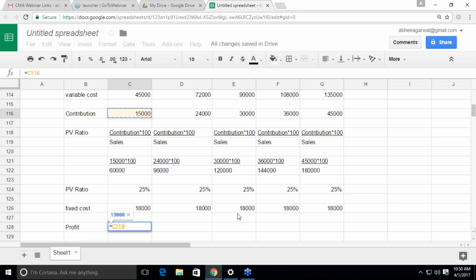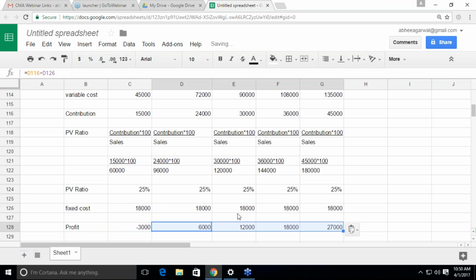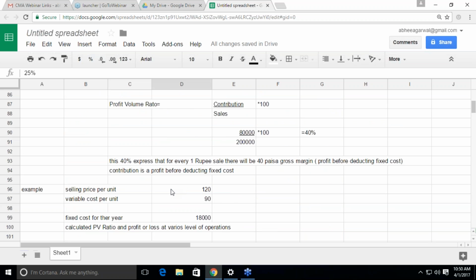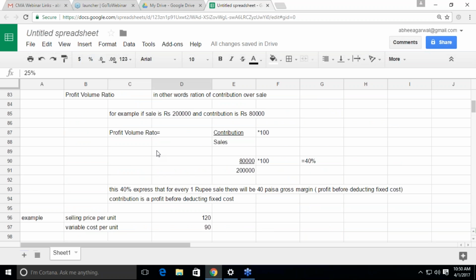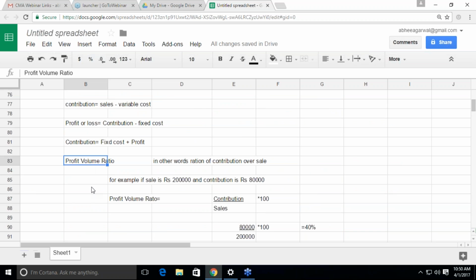So contribution 15,000 minus fixed cost 18,000, 3,000 rupees loss happened in the first case, and then 6,000, 12,000, 18,000, 27,000 profit. So I hope you understand the profit volume ratio. Profit volume ratio is the ratio of contribution over sale.